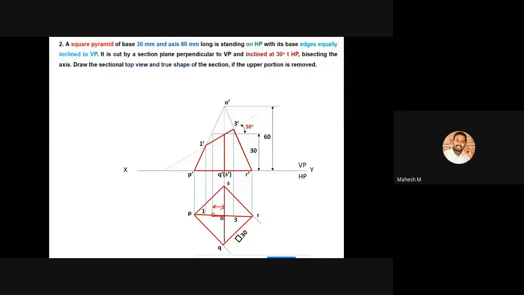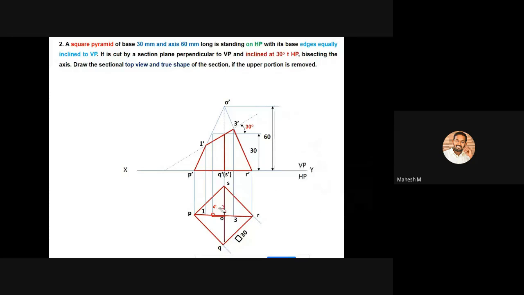Then you have to create two arcs like this. Okay, you have to place the needle of your compass exactly at point O. Okay, then you have to create an arc from this distance up to the vertical line and also this vertical line.